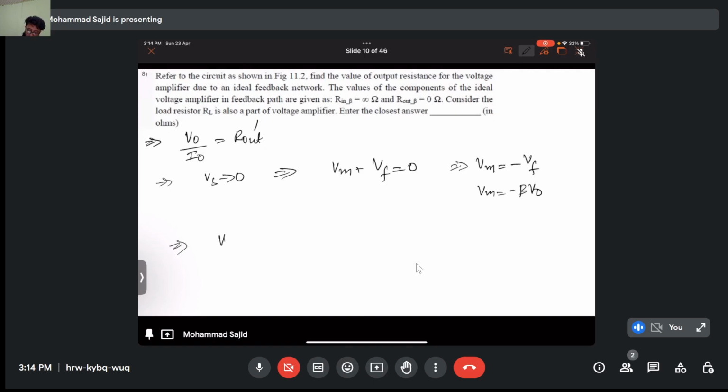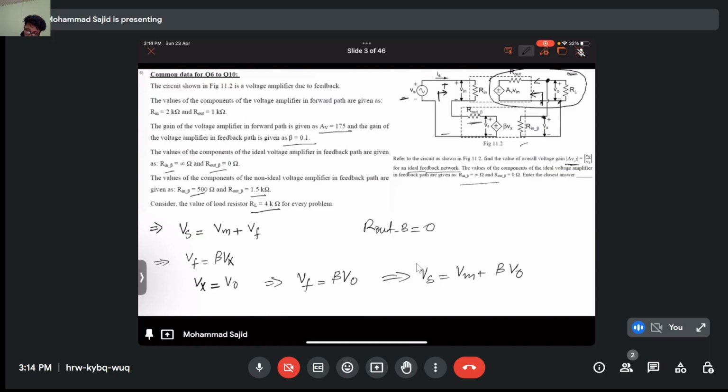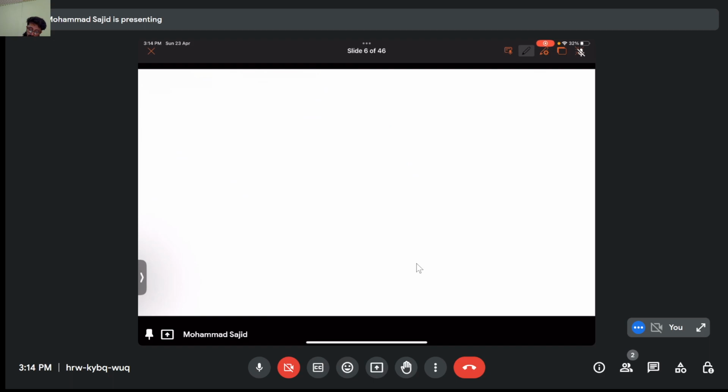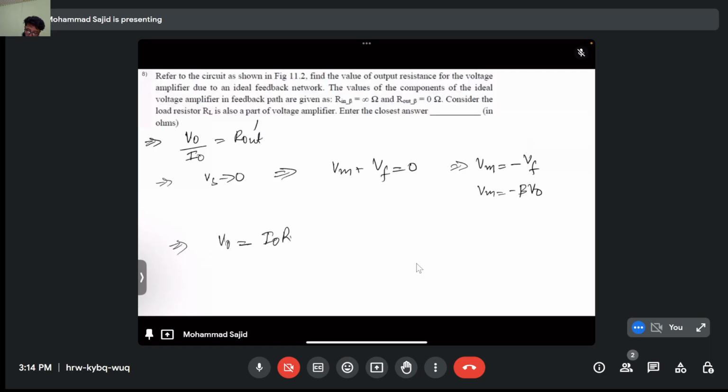Now if we look at the output, V out will be equivalent to I out, if we consider here a current of I out, times R out plus AV times Vin. So my V out will be equivalent to I out R out minus AV beta times V out.